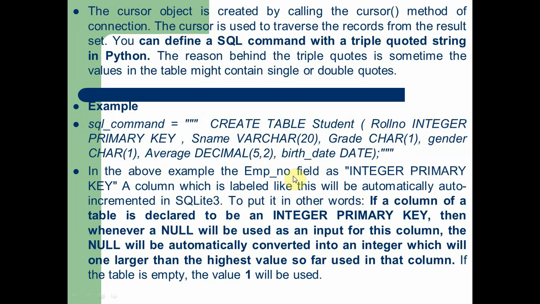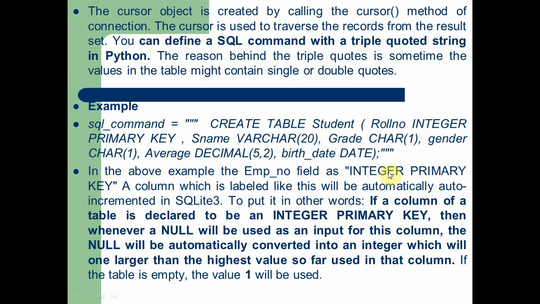In this above example, an INTEGER PRIMARY KEY column is automatically incremented in SQLite. To put it in other words, if a column of your table is declared as an integer primary key, then whenever a null value is used as an input for this column, the null value will be automatically converted into an integer which is one larger than the highest value so far used in that column.